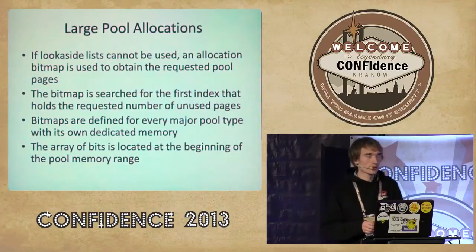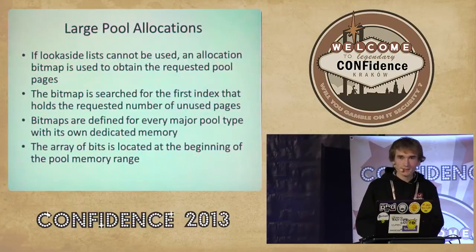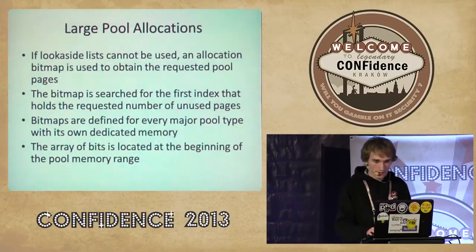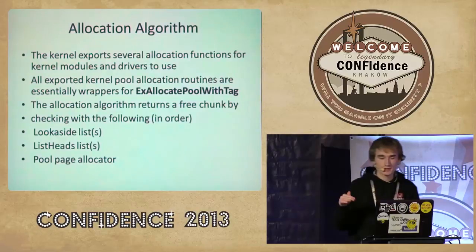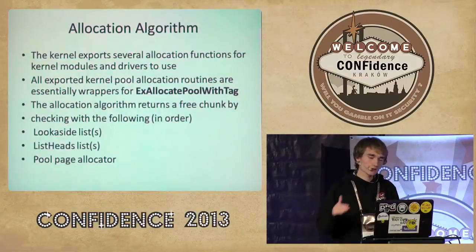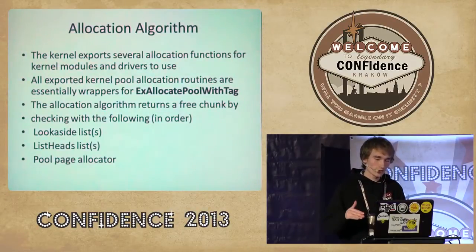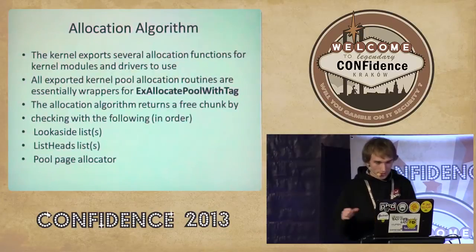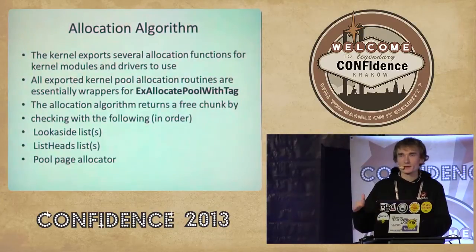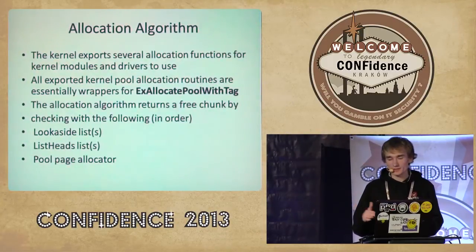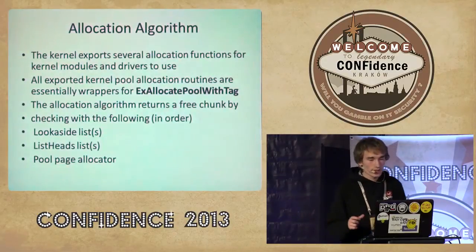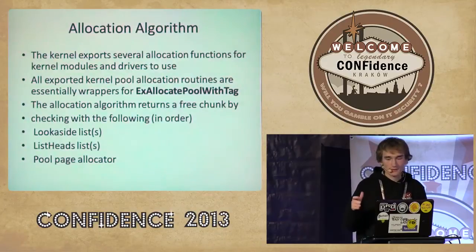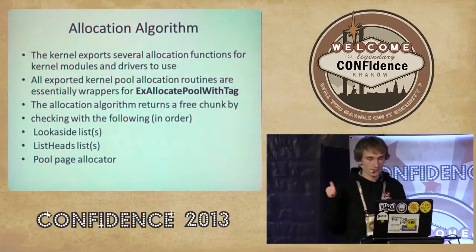Basically, when you allocate some memory, first of all it searches Lookaside lists and ListHeads, and then the pool page allocator. If we talk about interfaces, there are a lot of functions that you can use to allocate memory in the kernel, but the main function is ExAllocatePoolWithTag.